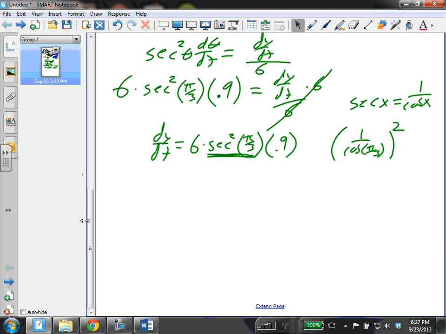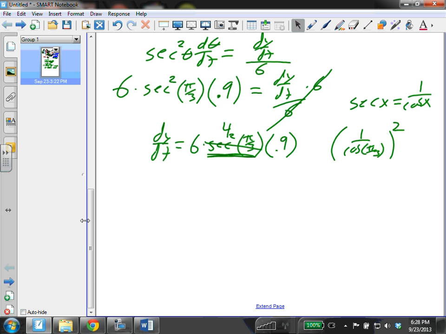So if you put in 1 divided by the cosine of pi over 3 and close off your parentheses and hit enter, you get 2. Well, we need to take that number and square it, so we can simply hit the squared button. And so we get that secant squared is 4 when our angle is pi over 3.